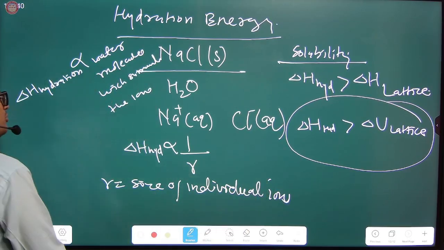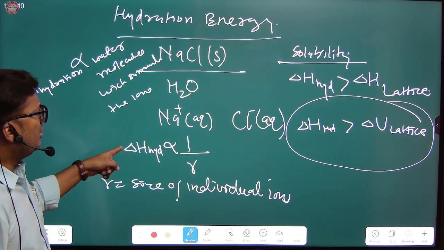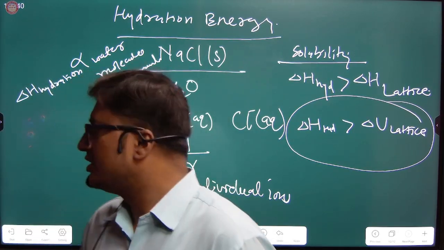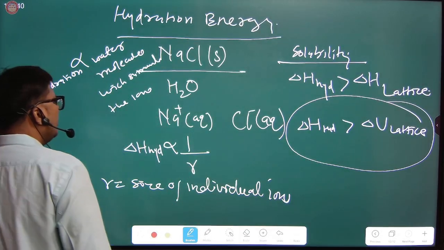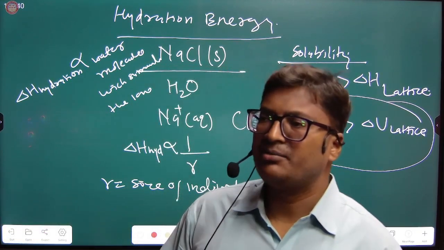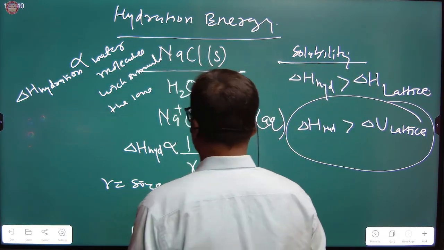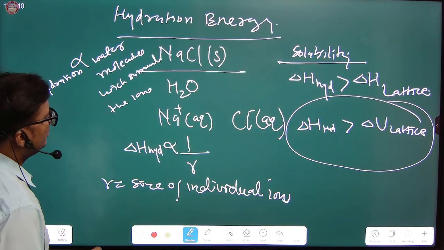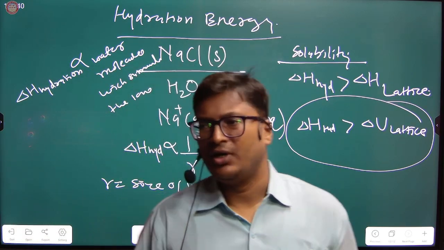The larger the size of the cation or anion, the lower the hydration energy, and if the hydration energy is lower, the compound is not going to be solubilized in water. So for solubility, the size of the ions should be small, and smaller ions form ionic compounds that are more soluble.